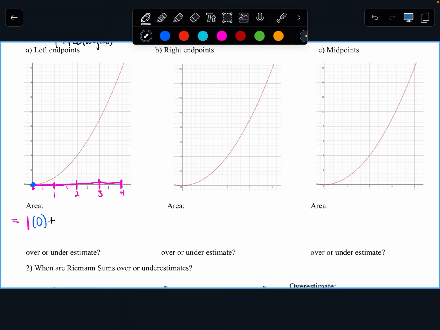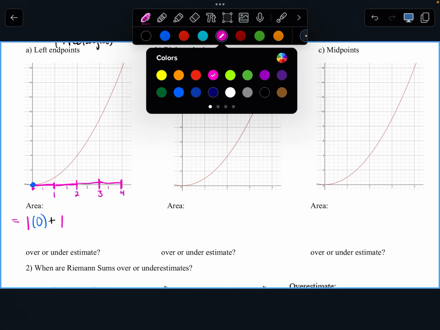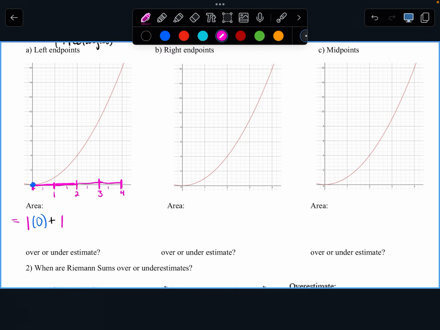But the second one has a width of 1, right? And this would be my rectangle here. This is my width, and my height is determined by the left side. So on the left side of the rectangle, I'm going to go up to where the curve is at 1, okay? So this is what my little rectangle looks like.